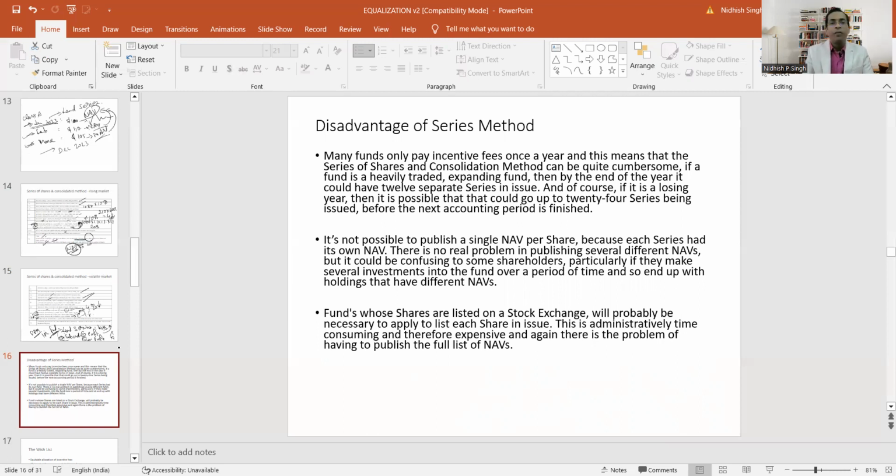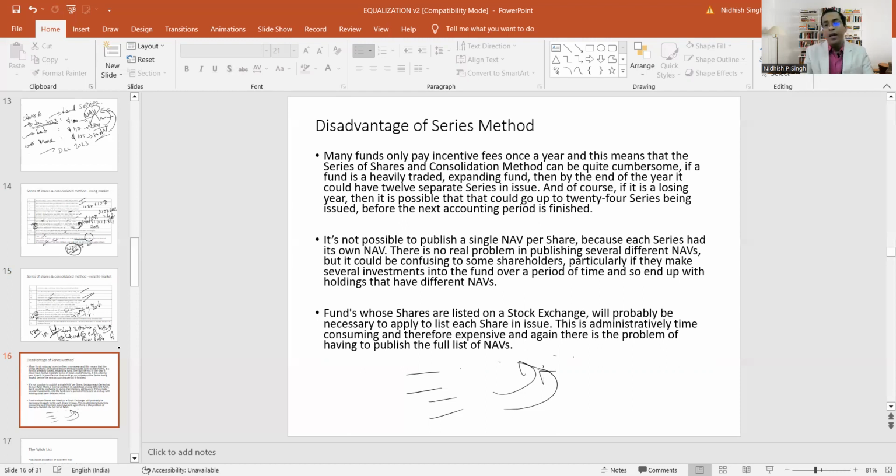So there are some disadvantages of the series method as well. Series methods, as we have seen, are quite heavy on administration. It requires you to create so many line items. You need to keep checking the incentive fee crystallizations and roll it accurately. If there are any issues in calculation of the incentive fee for each of the line items, or the rate of returns, or the number of shares to be calculated for the lead series, the investor will get a wrong statement and wrong value of their NAV, which could be a serious issue.